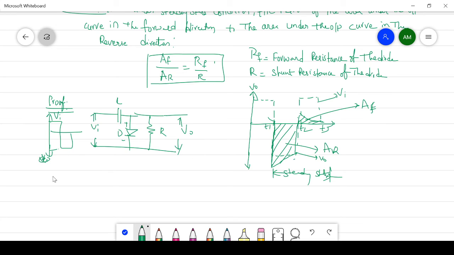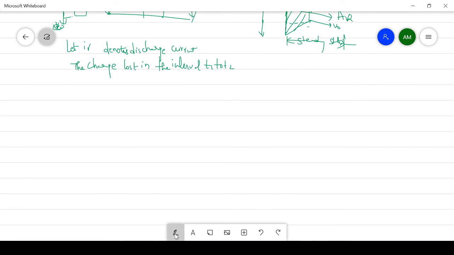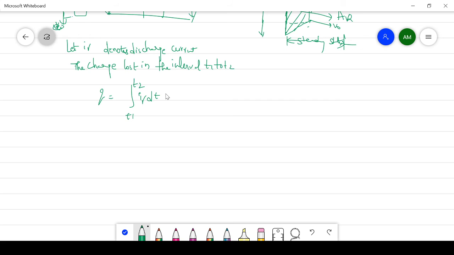Let IR denote the discharge current. Now the charge loss in the interval T1 to T2 is Q equal to the integral from T1 to T2 of IR dt.